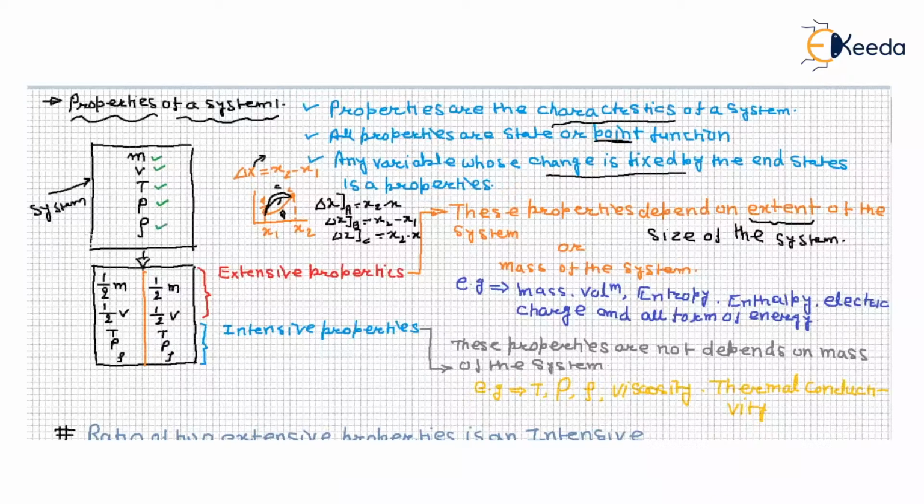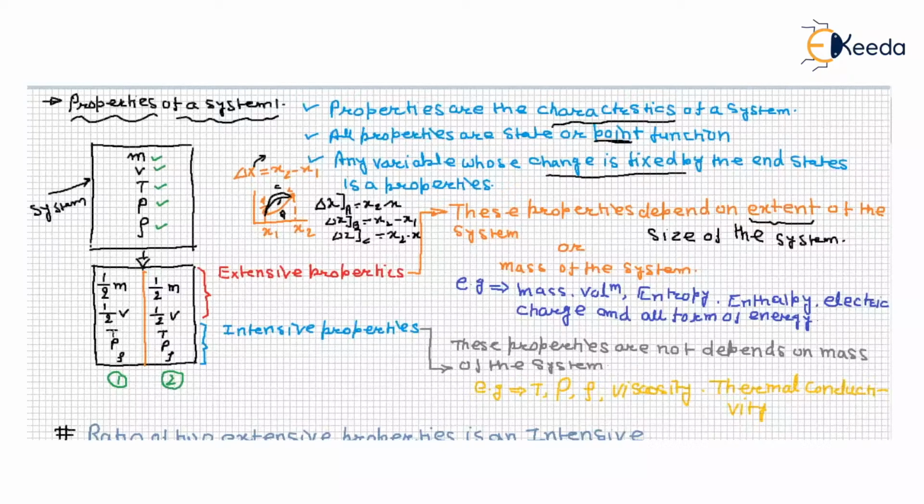If you divide this system into two equal parts, 1 and 2, you can easily understand that the mass distribution is just half, volume distribution is just half, but the temperature remains the same, pressure remains the same, density remains the same.